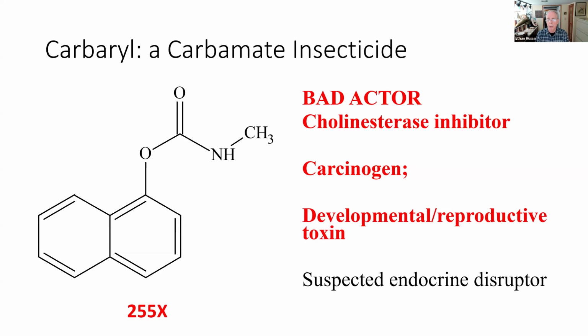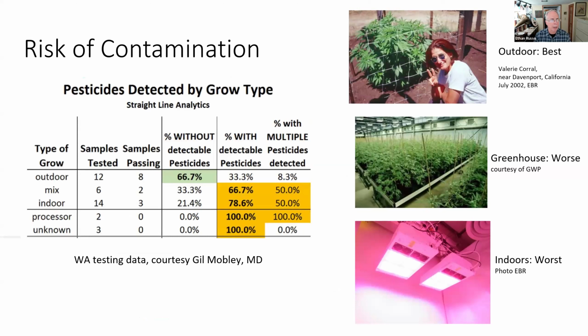So what is the risk of contamination? Well, we see here a hierarchy. Outdoors, if we look at the percentage without detectable pesticides, 2/3 in outdoor samples. For mixture, it's lower. Indoors, 21.4%. So a hierarchy is developed. Outdoor culture is the best.